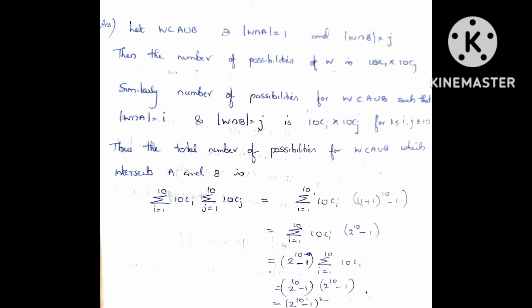Since 2 raised to 10 minus 1 is independent of I, we can take it outside. That is equal to 2 raised to 10 minus 1 into sigma I equal to 1 to 10 of 10CI, which is equal to 2 raised to 10 minus 1 into 2 raised to 10 minus 1, which is equal to (2 raised to 10 minus 1) whole square.